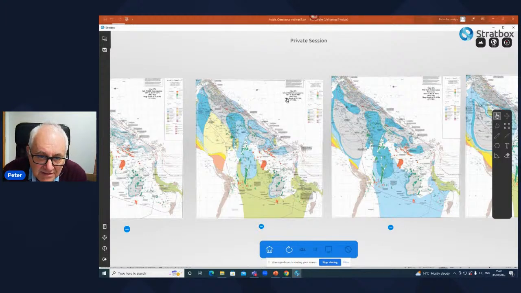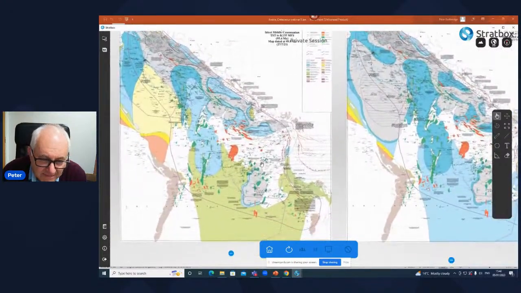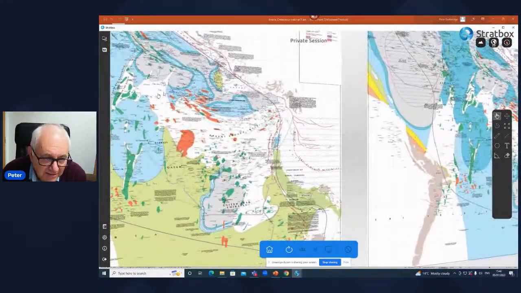This is the transgressive systems tract of the K135 maximum flooding surface. And we can see there's quite a large area eroded down to this level from the top Mishrif unconformity, and particularly we have the reservoir facies. These are the rudist build-up facies associated with the margins of the Shelif Basin that have been completely eroded along the eastern margin of the basin.